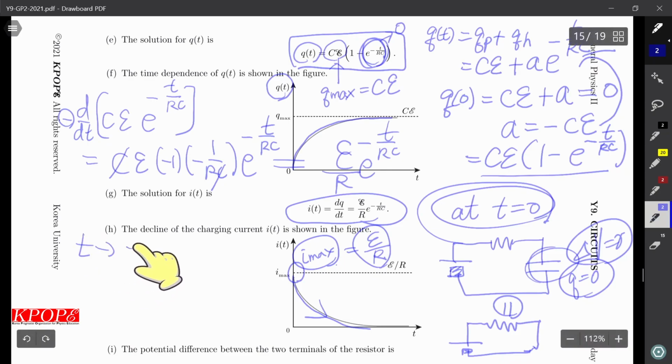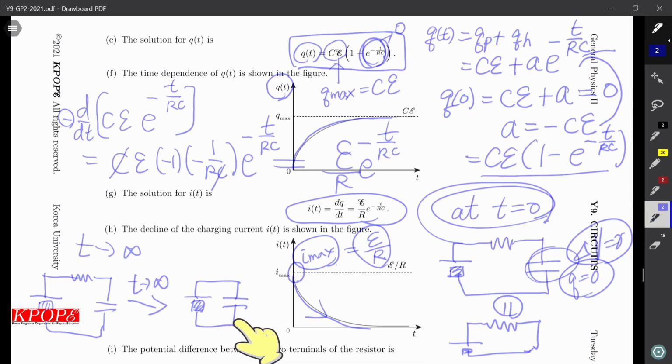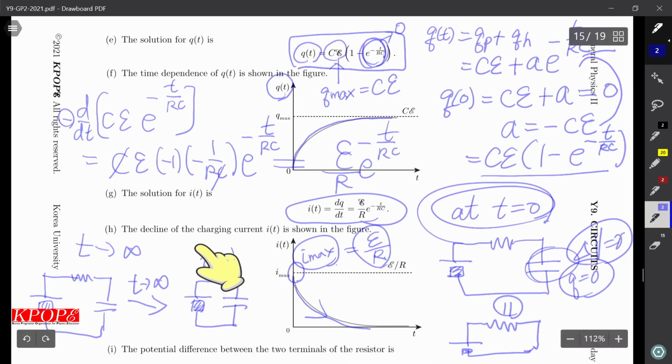As t goes to infinity, the system is identical to this system. So here I equals I max and Q equals 0. There, I equals 0 and Q equals Q max.